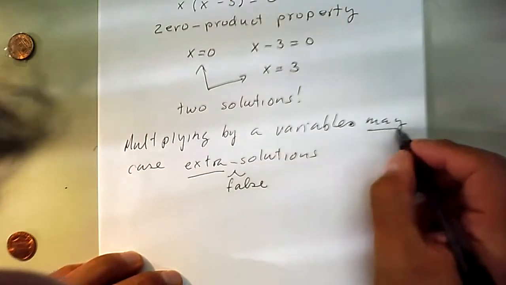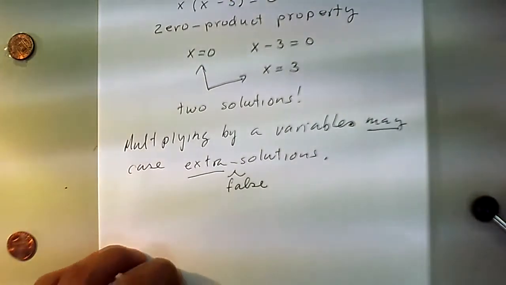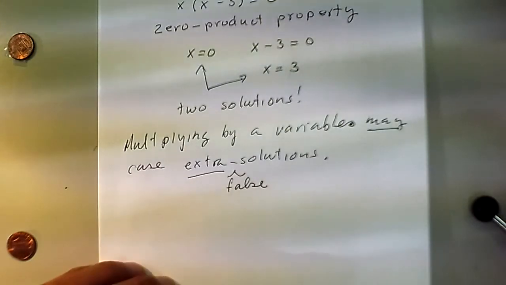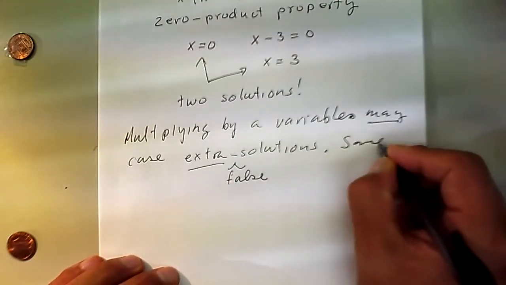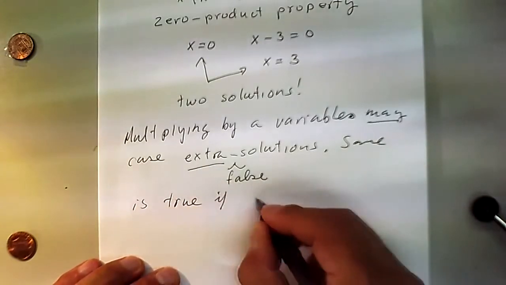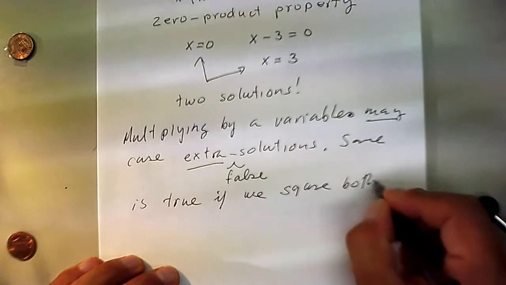And notice that I said may. It may or may not, but we always, so every time you multiply by a variable, we have to check our solutions. The same is true if we square both sides.